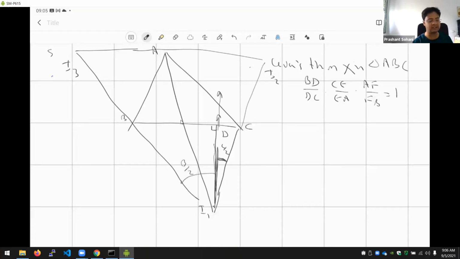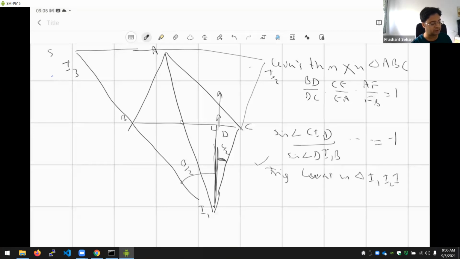So if you write the sine of angle CI1D upon the sine of angle DI1B, etc., this product cyclically will be equal to 1. That is how you can use trigonometric Ceva's theorem in triangle I1, I2, I3. That is valid, but not Ceva's theorem in triangle ABC.